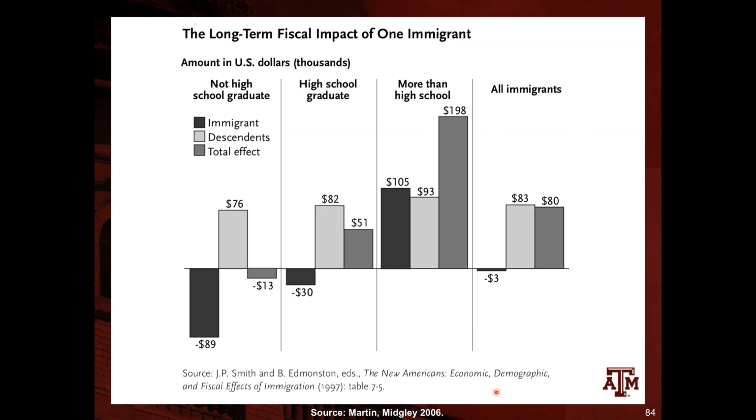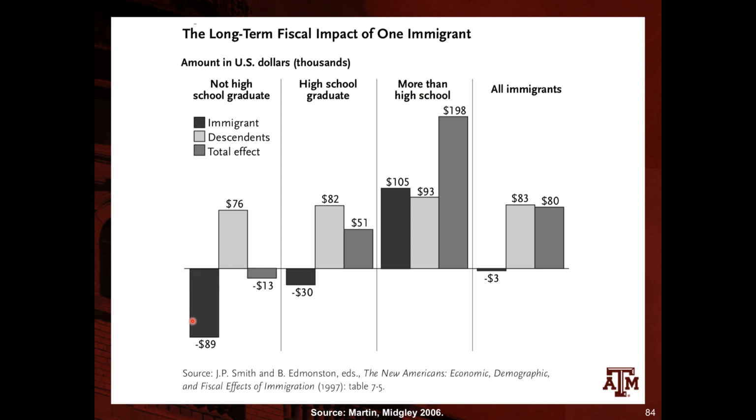And just for an overview of the long-term fiscal impact of one immigrant, and this is from this extra paper that I cited at the end of this presentation. Here we have the amount in US dollars in thousands, pretty much the long-term fiscal impact of one immigrant. And here we are dividing them into not high school graduate, more than high school, and all immigrants combined.